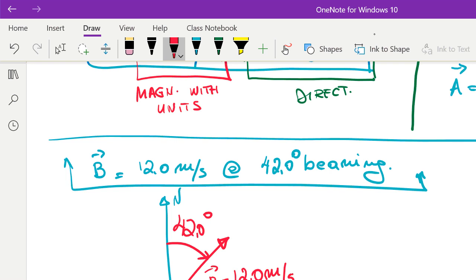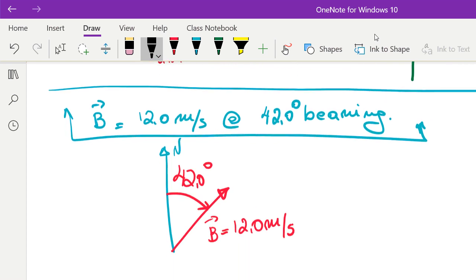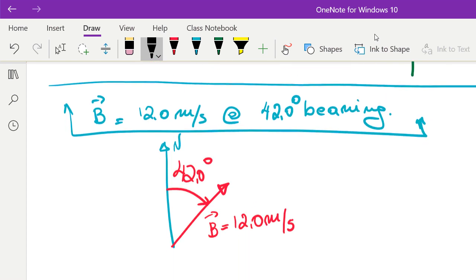Or if I'm asking you something like this, vector C is equal to 18 meters per second squared at 120 degrees with the positive x-axis.